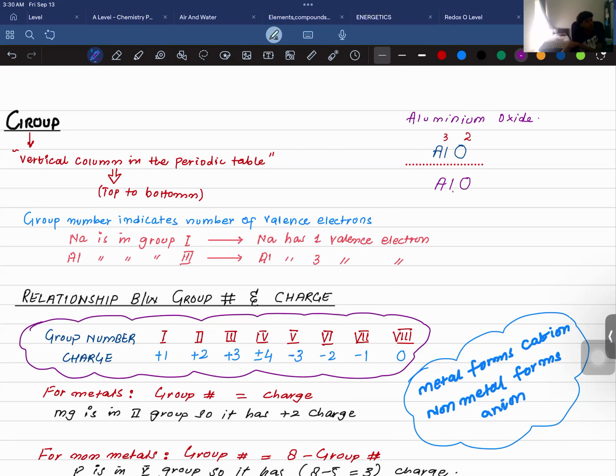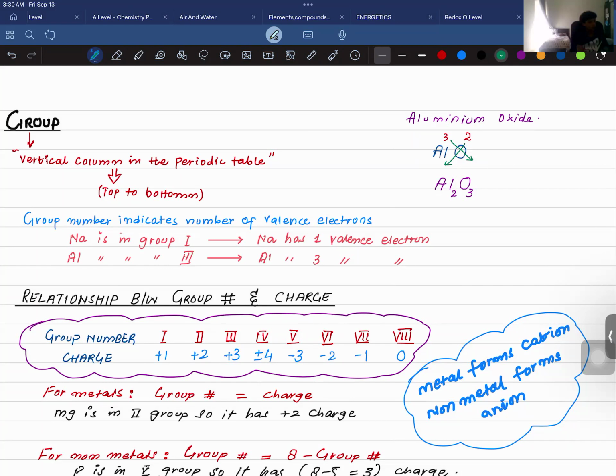Isn't it -2? Yes. But in the chemical formula, we are supposed to put the valency, the numbers, not the charge.